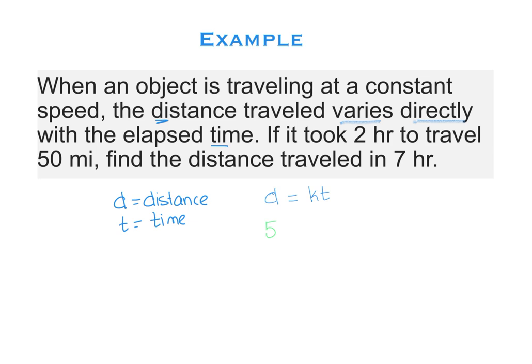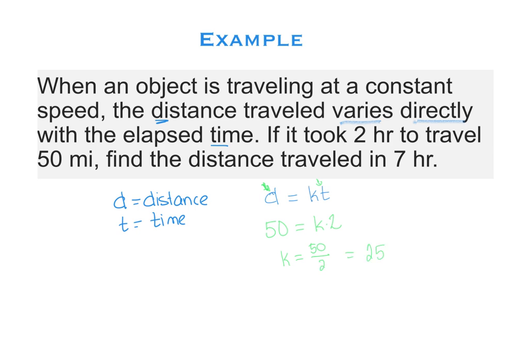So 50 miles was our distance. 2 hours was our time. That constant will always be this left variable over here divided by this right variable here, which in this case was 2. So our k here is 25.